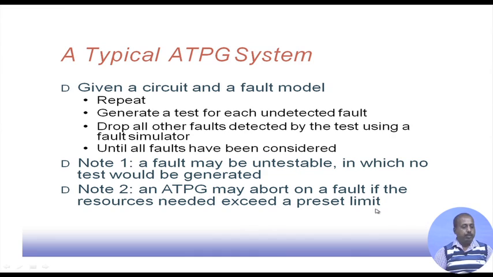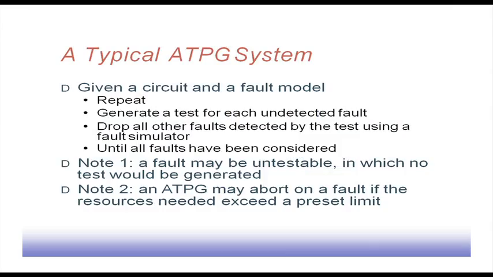So, ATPG needs to run, and it requires CPU time and memory for its operation. If testing a particular fault requires a very huge amount of time, the process is continuing, it is not over, but due to the circuit structure or the nature of the fault, it is taking a large amount of time. So, after a certain limit, maybe we can drop that fault and say that this fault will not be detected.